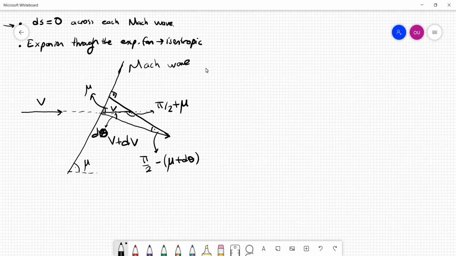So under this case, from this geometrical layout, what we are interested in is some kind of relation relating the velocity level after the Mach wave to the velocity level before the Mach wave. And from these velocity vectors here, this is v plus dv, and this is basically v. These are related, obviously, through trigonometric relations.